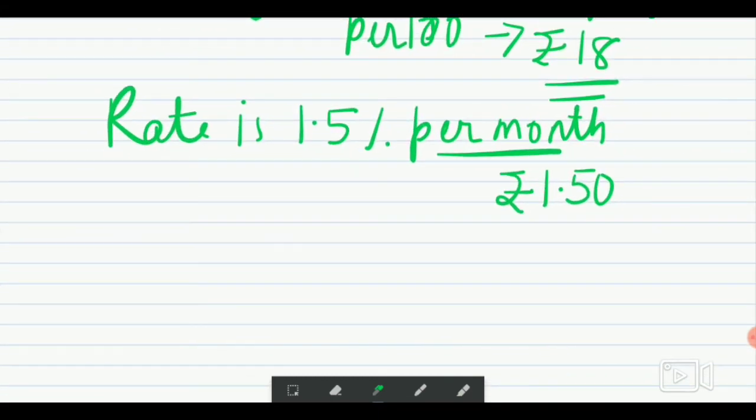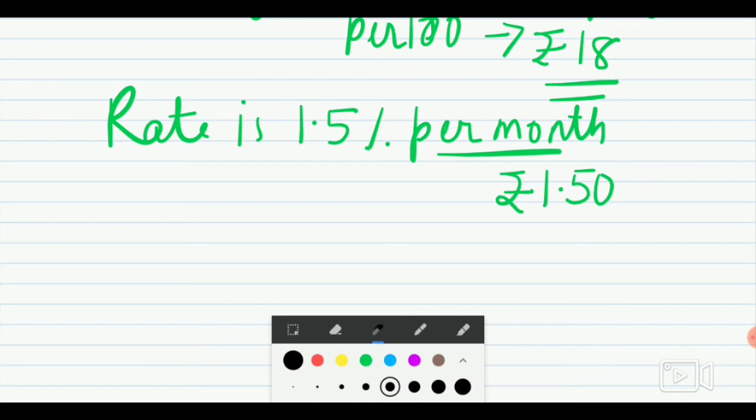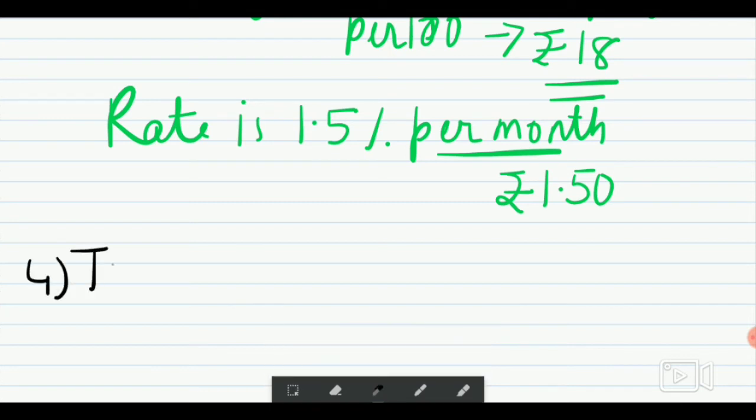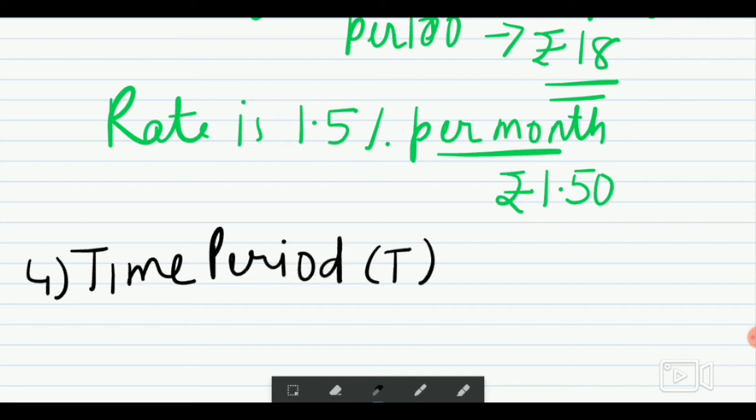Now the fourth term which we have to discuss is time. What is time? That is the time period, for how many years you have taken the loan.